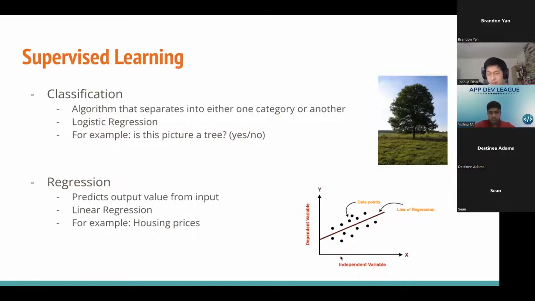Let's say the independent variable is the size of the house and the dependent variable is the price of the house. We want to make an algorithm that is able to plot a line or output an equation that can predict the price of the house when given the size of the house.